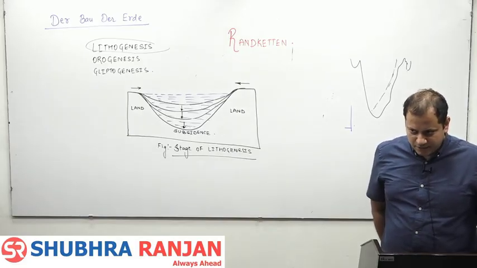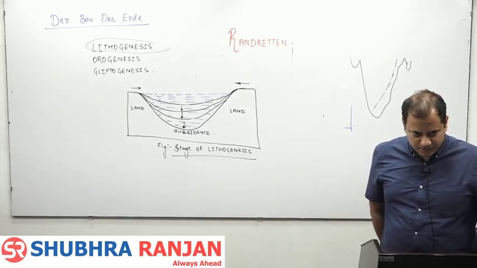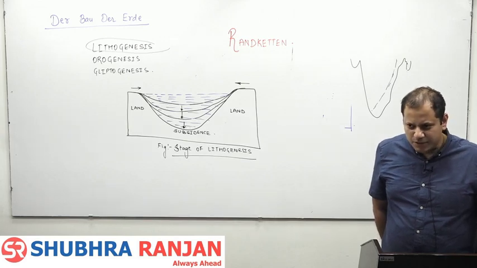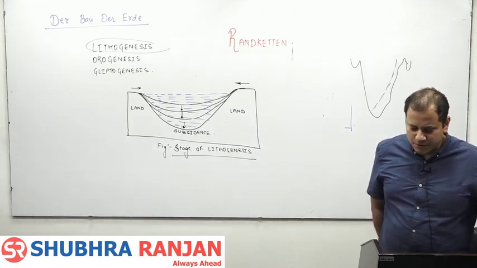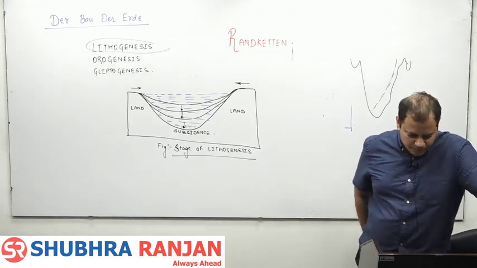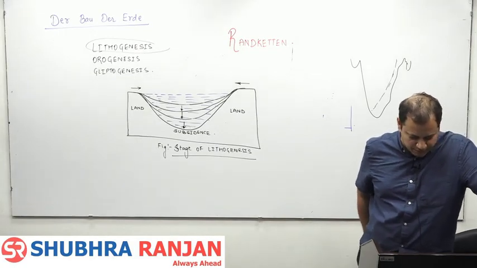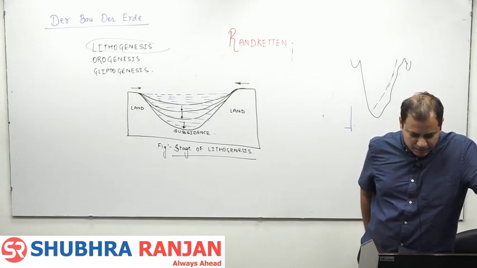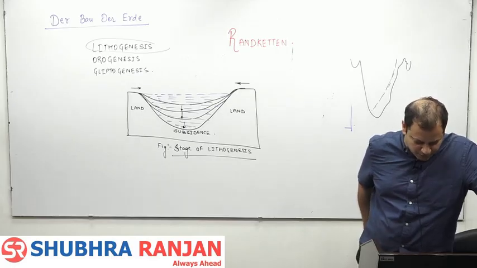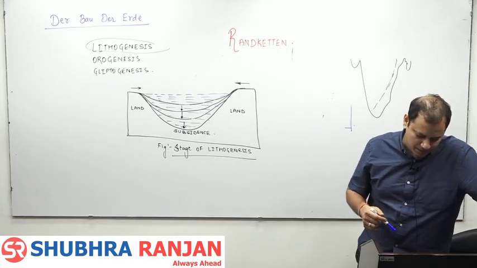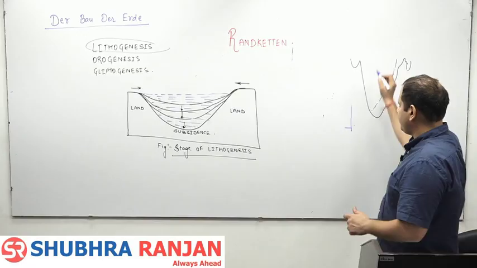Understanding? What I said yesterday, why Tibetan plateau? Because pushing is not strong, so the middle portion of the geosyncline is unaffected and thus remains unfolded.